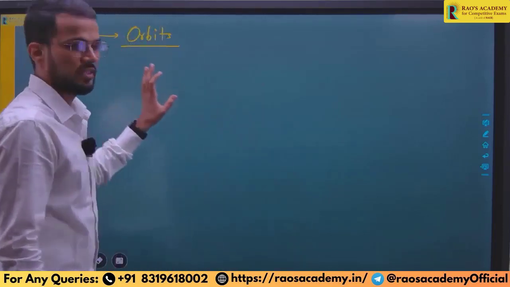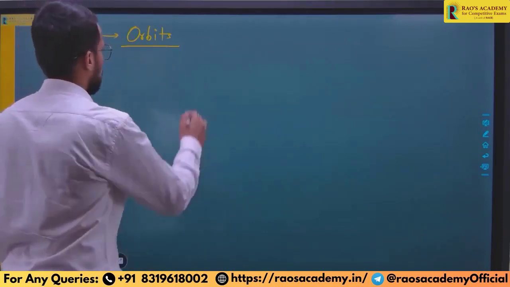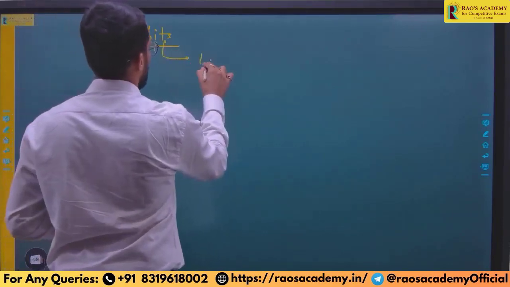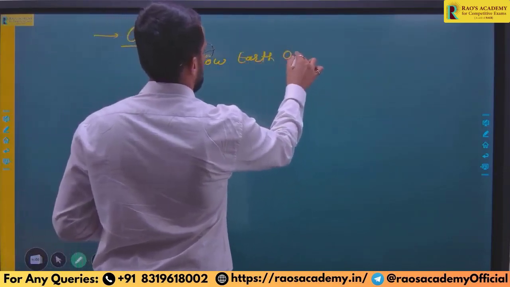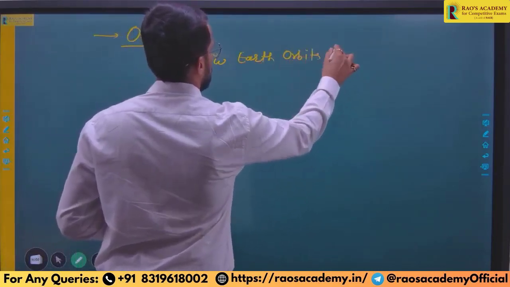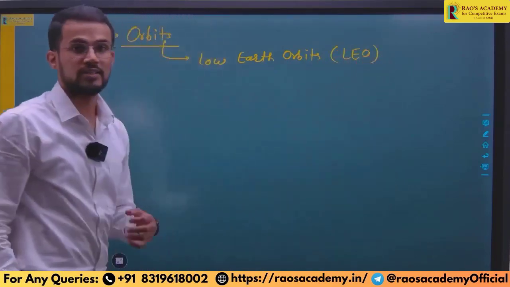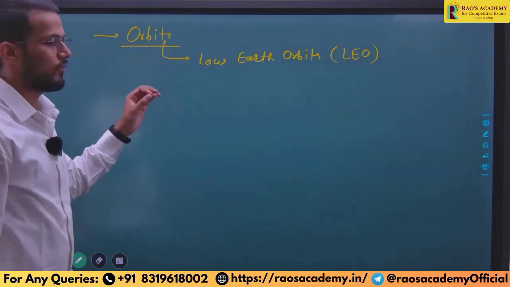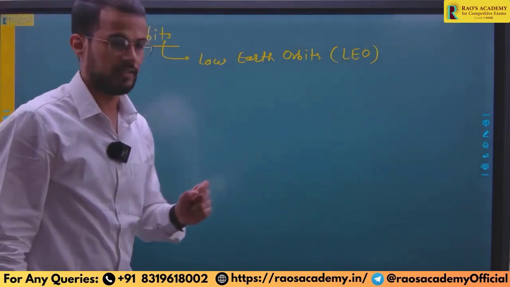So orbits, which is a static topic, is important to know, and in orbits you should be aware of low Earth orbit, which is the closest orbit to Earth's surface, also called LEO, and this is the orbit primarily used for the launch of remote sensing satellites.